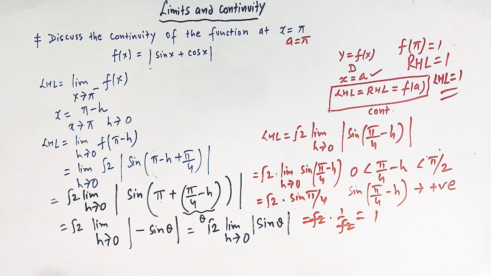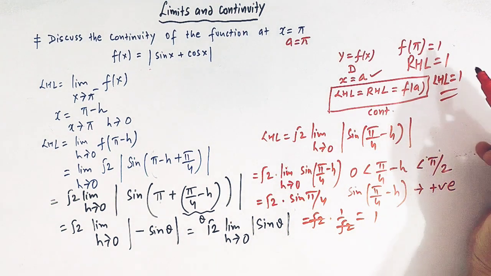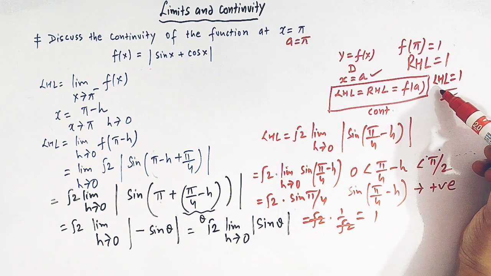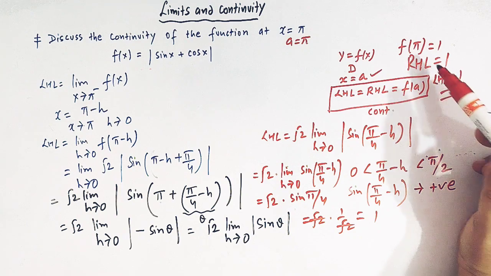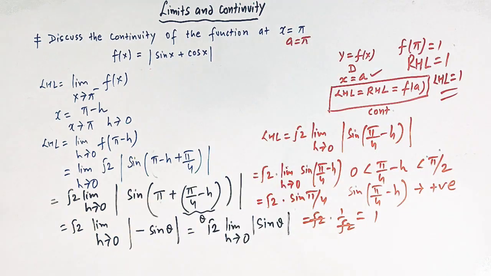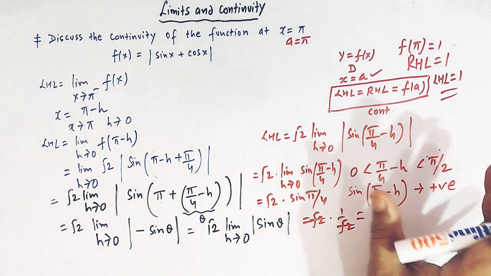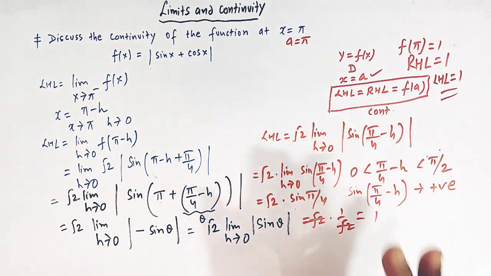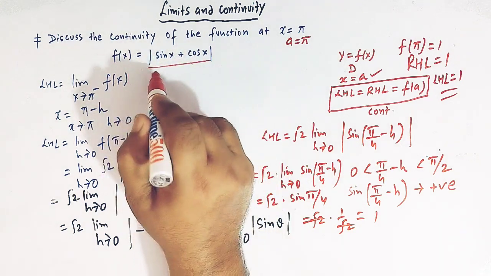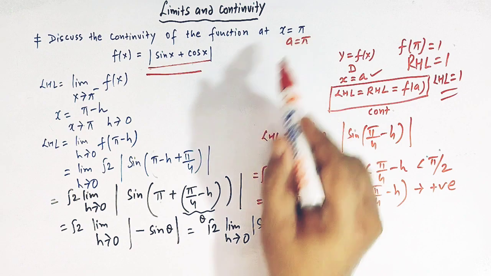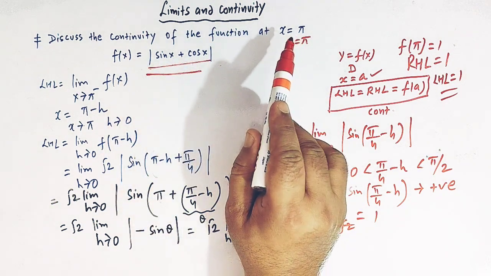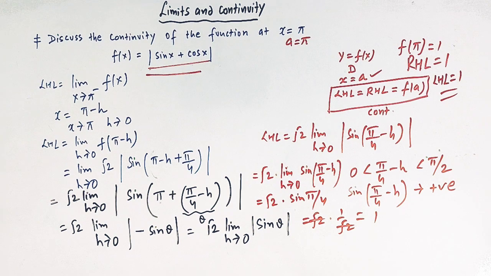So viewers, we can see that the right hand limit is equal to the left hand limit, and both these limits are equal to the value of the function at x is equal to pi, right? So the condition for continuity of a function is satisfied by this function at x is equal to pi, right? So this function is continuous at x is equal to pi.